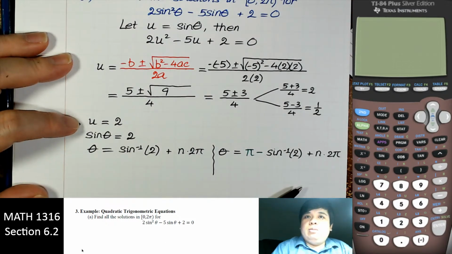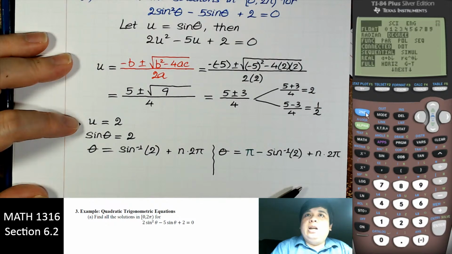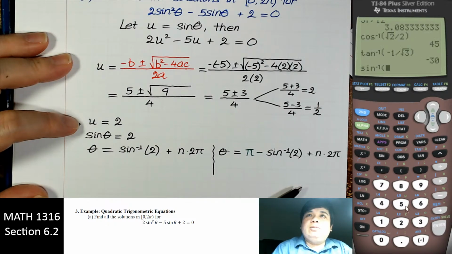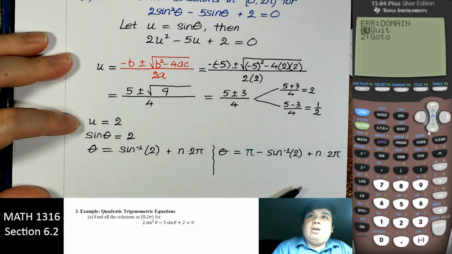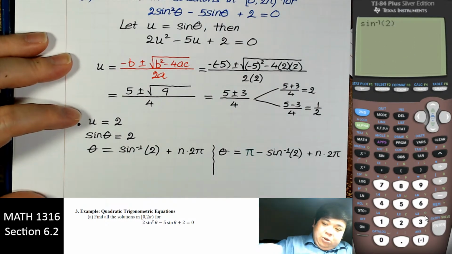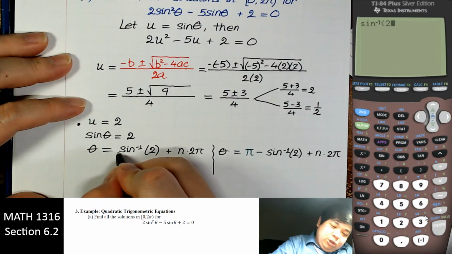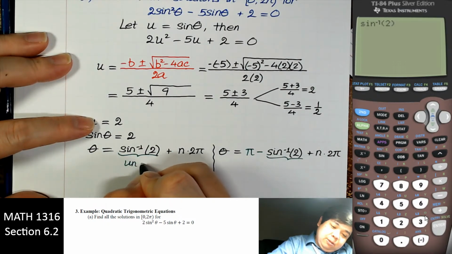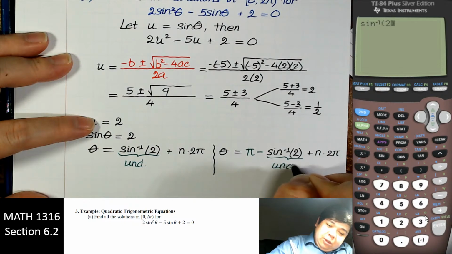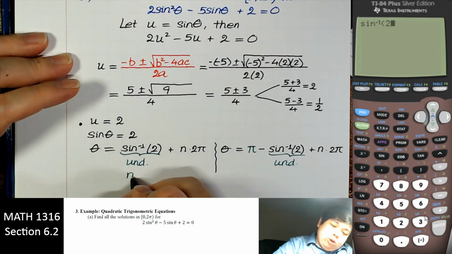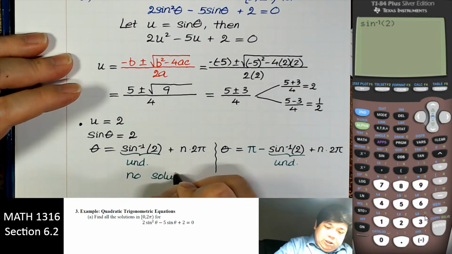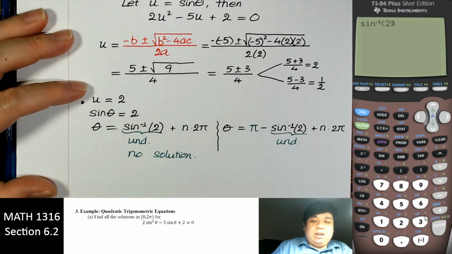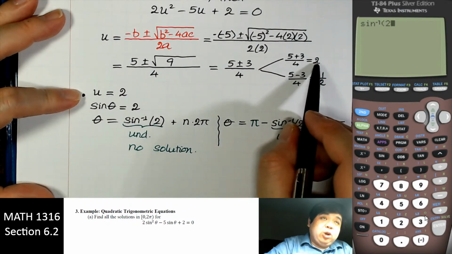And what is sine inverse of 2 in degrees? It is undefined. So in this case we have no solution because that one is undefined. So it's undefined, so we have no solution for that.